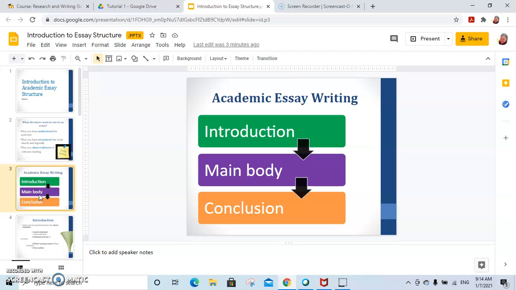The number of main body paragraphs varies depending on the requirements of a particular essay, but for Assessment 1 you are only required to produce 2 body paragraphs. And finally is the conclusion, or the concluding paragraph. So a typical or basic academic essay format comprises these 3 main parts: the introduction, the main body paragraphs, and finally the conclusion.